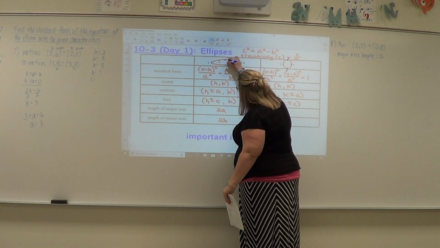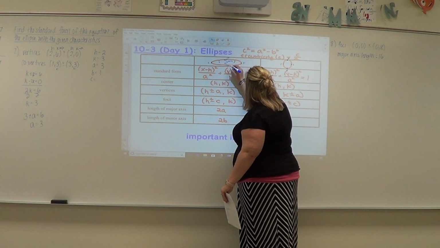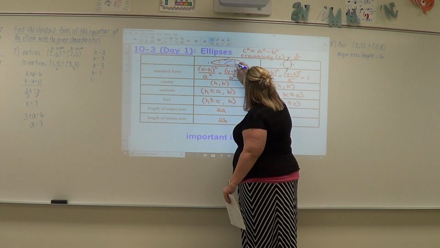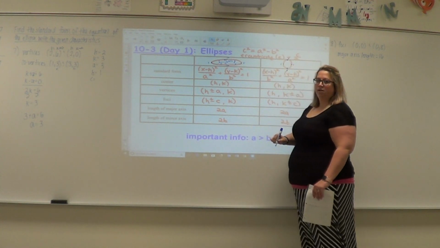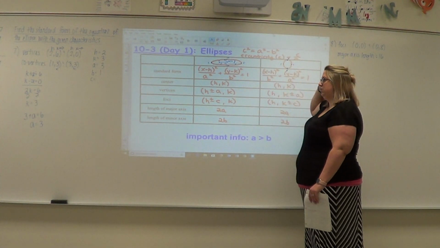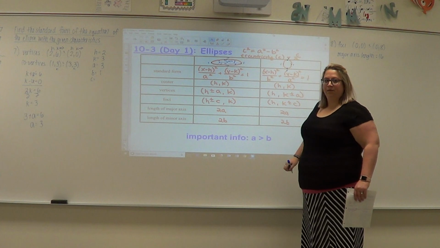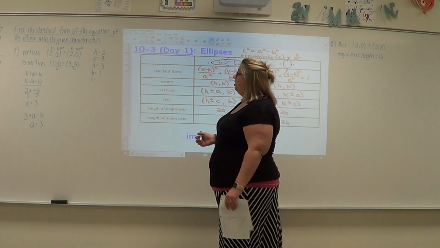So that's B, and then the length of the majors, those are A. So he said H plus B, H minus B, what is he saying? He's talking about the covertices.